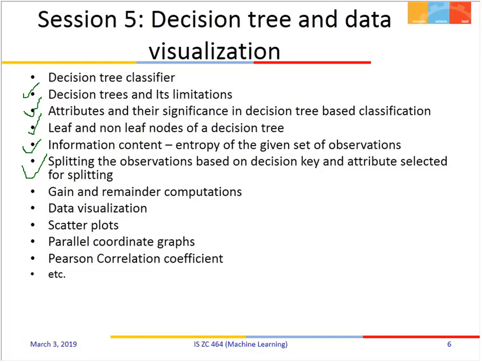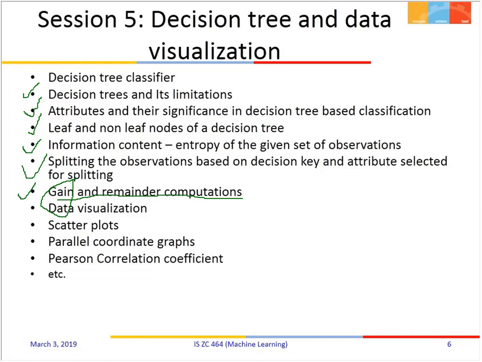If the remainder comes out to be the least, or in other words, if the gain comes out to be the best using a particular attribute, we place that attribute at the root level, and accordingly the remaining ones are computed, and their splitting capabilities were tested using gain and remainder computations. So this problem we had tried to discuss in that session.